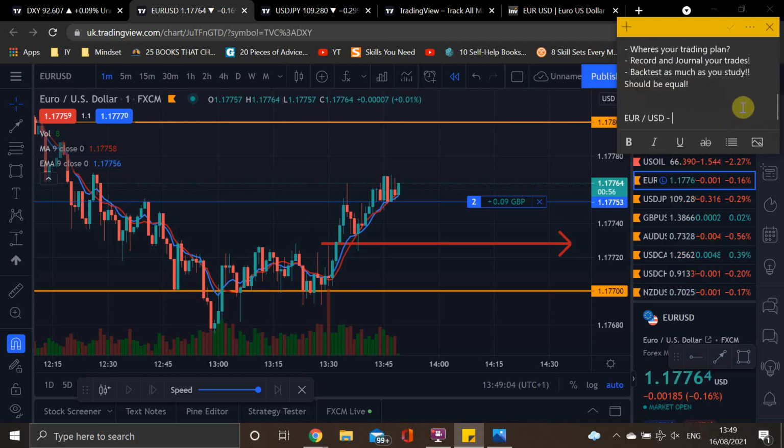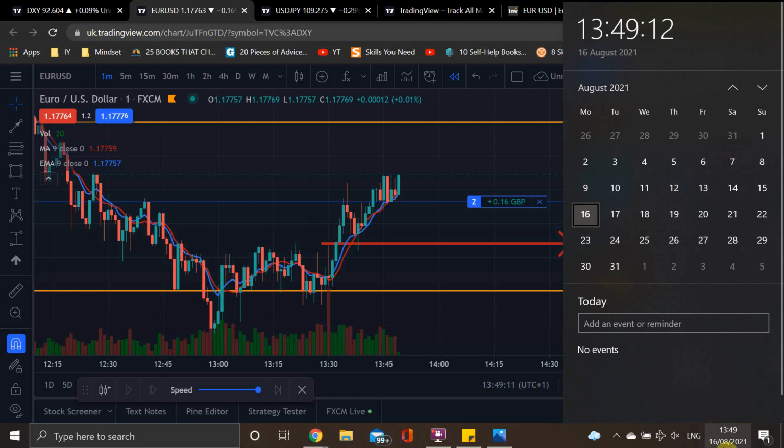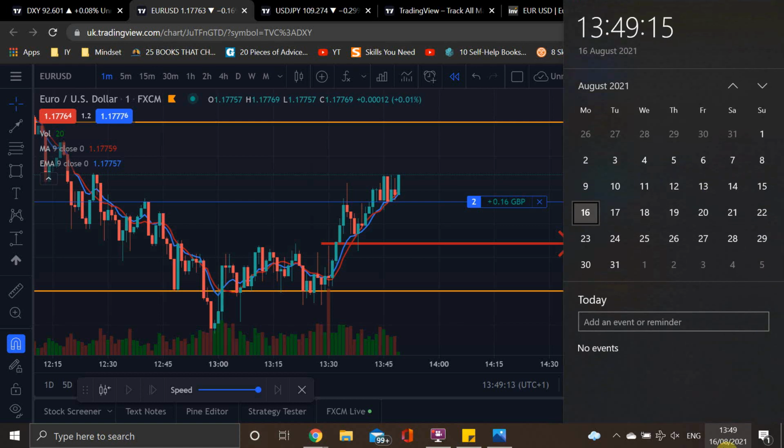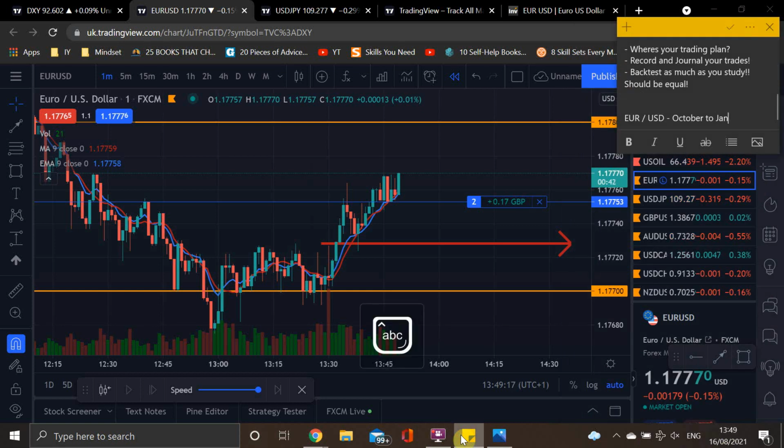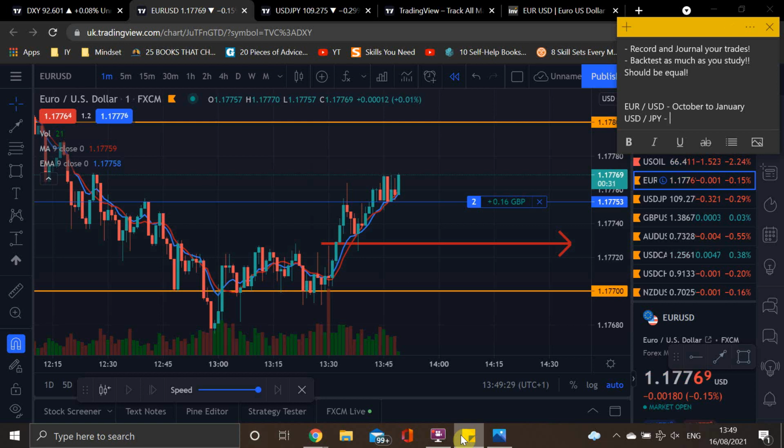So for example, October to... October is the 10th month, right? So the first month would be January to January. USD/JPY would be, so that'll be the 1st of January, and then it'll be January. So January is the first month.